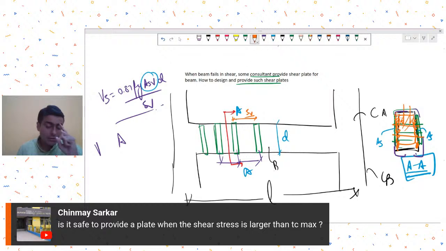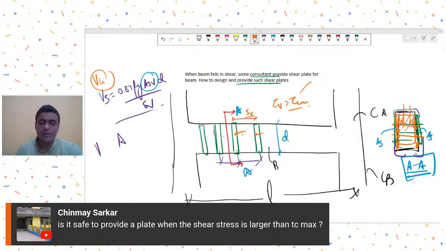Technically, if tau v is greater than tau c max, one approach is to forget the concrete and ensure that enough shear plates are there to take the complete shear. But I'm not suggesting that if your shear stresses go beyond tau c max you could just rely on the shear plates, because if that concrete is failing, you need to also ensure proper shear transfer.